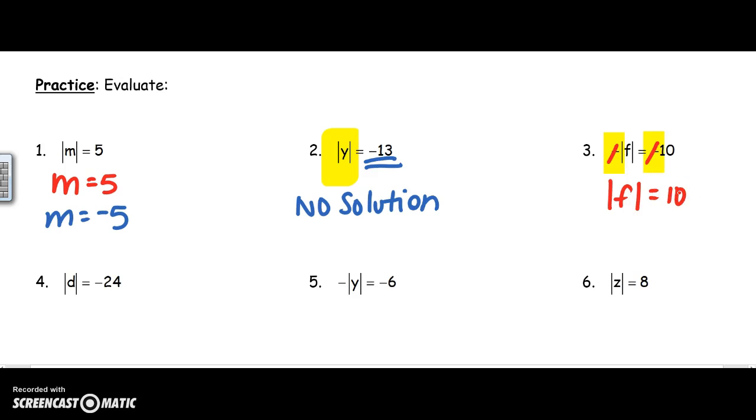And we can solve it like we did problem number 1. So what numbers can you put in for F to get 10? F can equal 10, and F can equal -10. Does everyone see how we're doing this? If you don't understand, remember, you can rewind and rewatch.